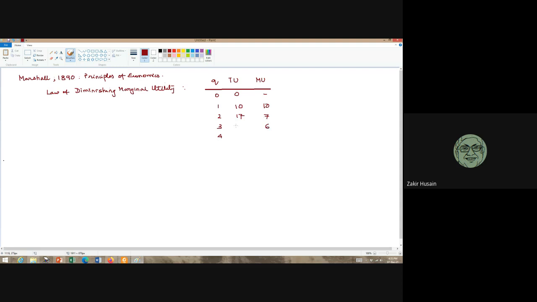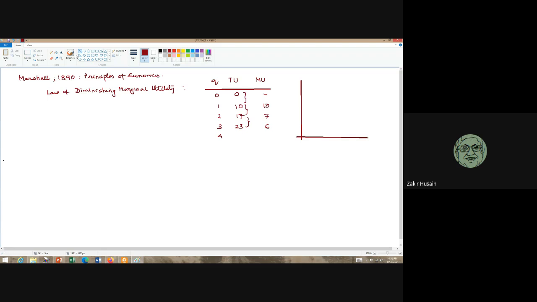It falls again. So total utility is going up, but the rate of increase is gradually falling. It is something like the marginal product curve.